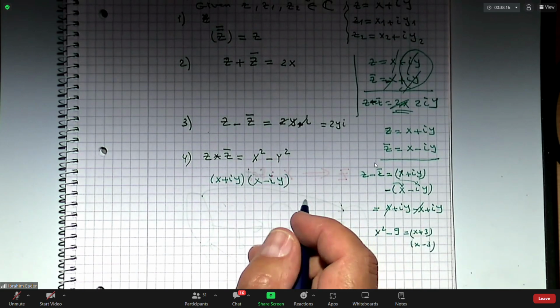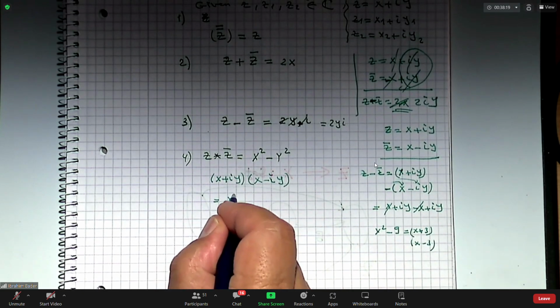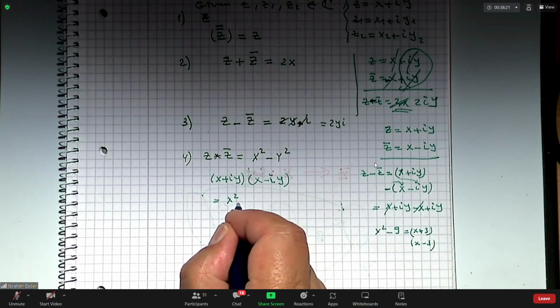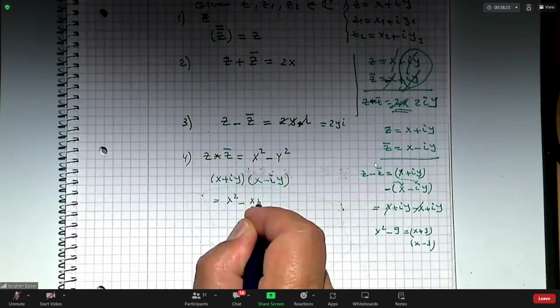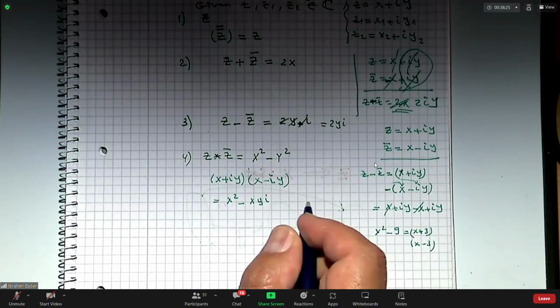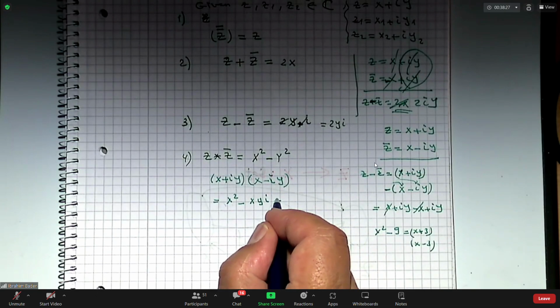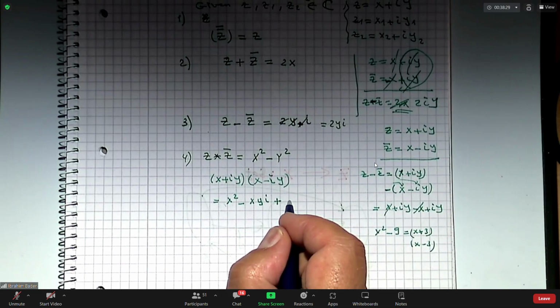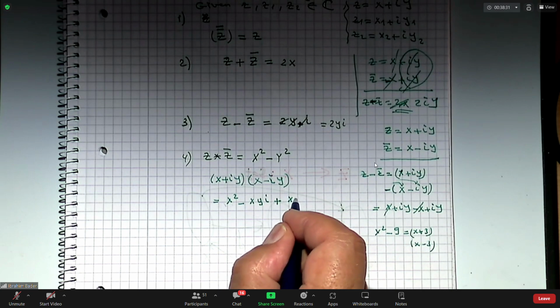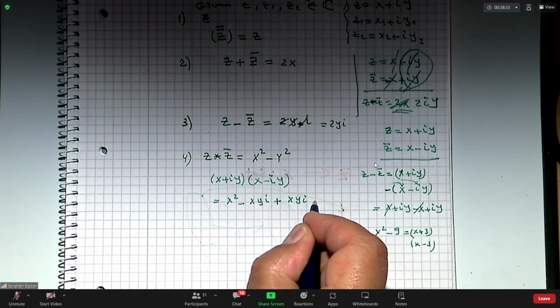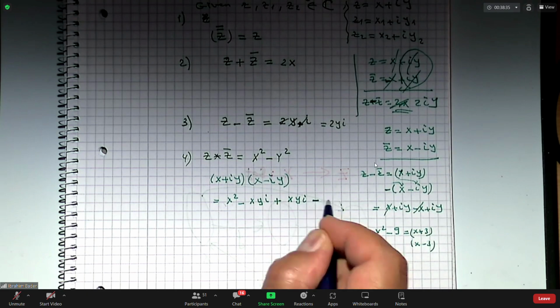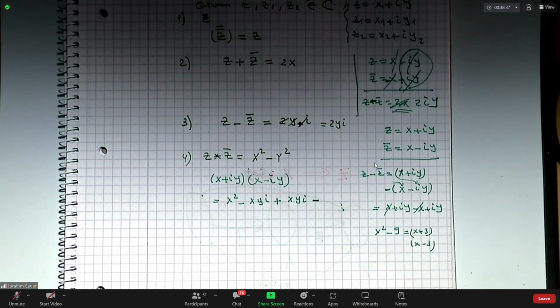Correct? So I have x squared minus xyi, plus xyi, and here I have minus. Oh, no, so in the formula it's plus, right?